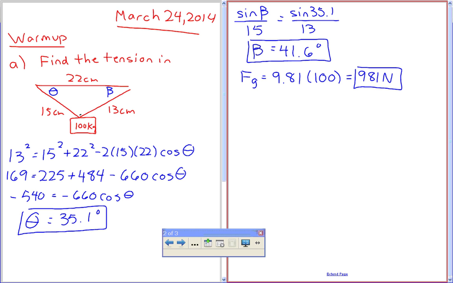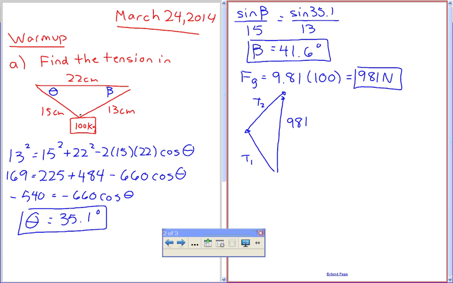So I'm going to call this one T1, this one T2, and this one 981. Why do we always move one of the vectors?